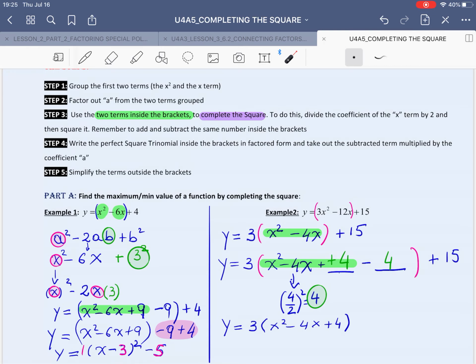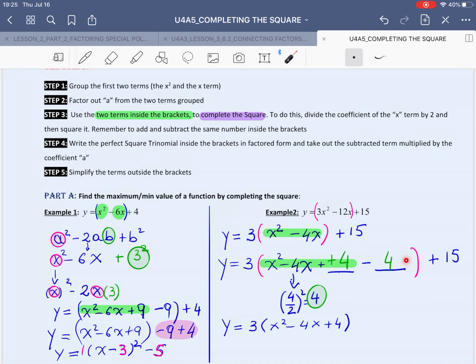Now, this is how the game changes when a is different than 1. When you take out negative 4, you must remember, listen carefully, this negative 4 is inside the brackets, and everything inside the brackets has a coefficient. This coefficient applies to every term inside the brackets.